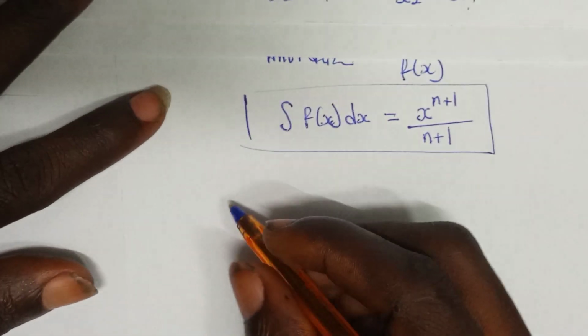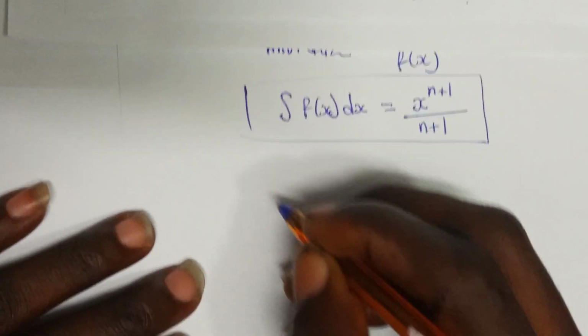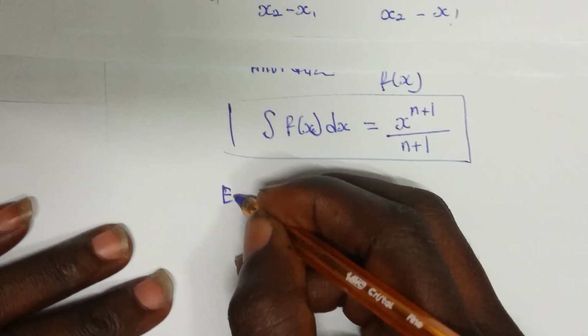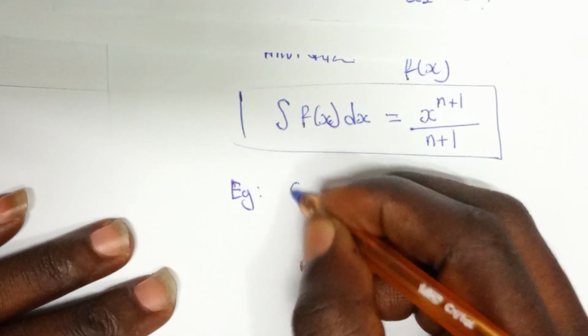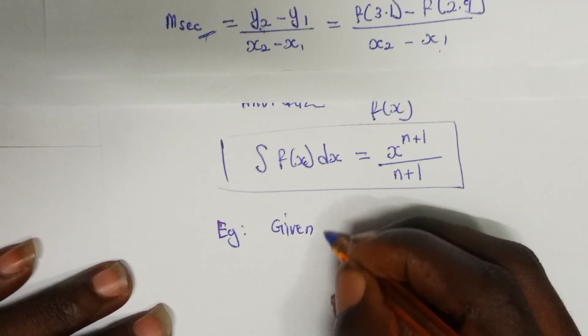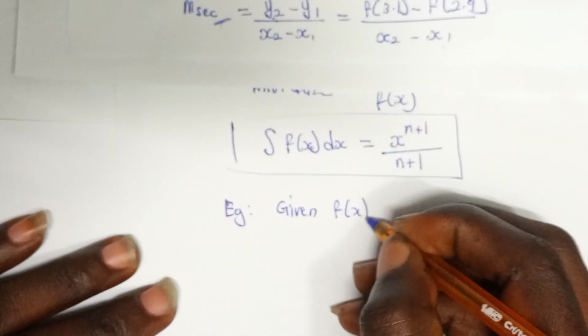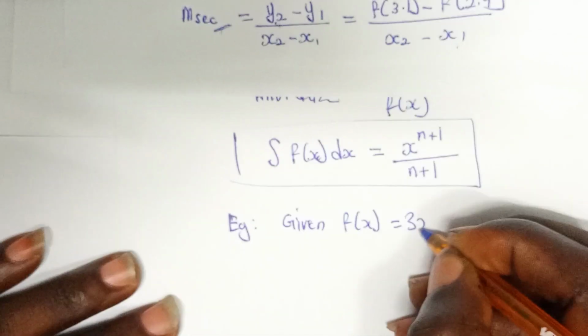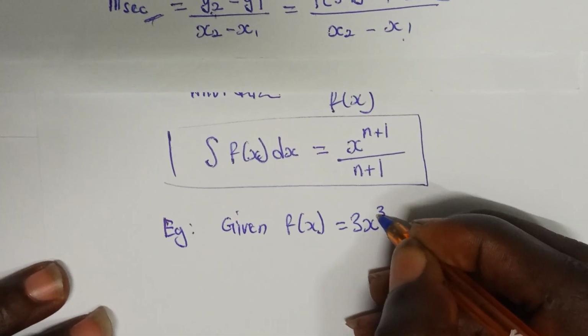Okay, so example, given f of x equals 3x exponent 3.